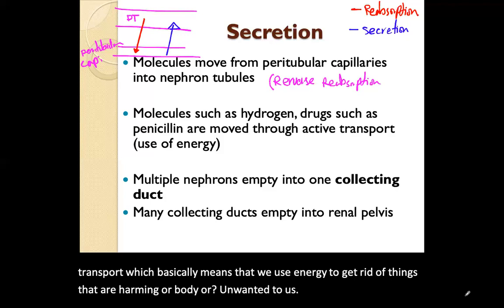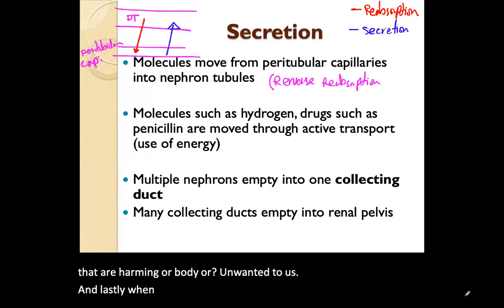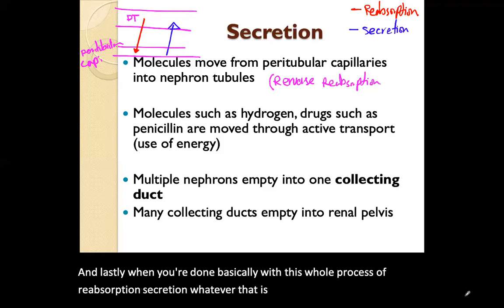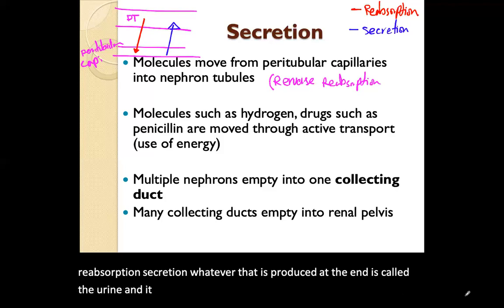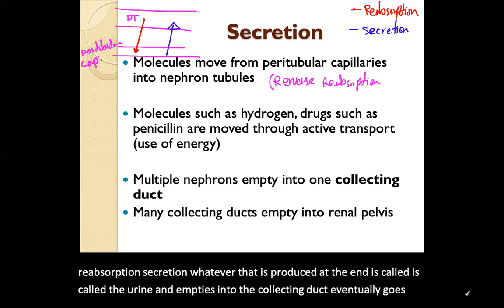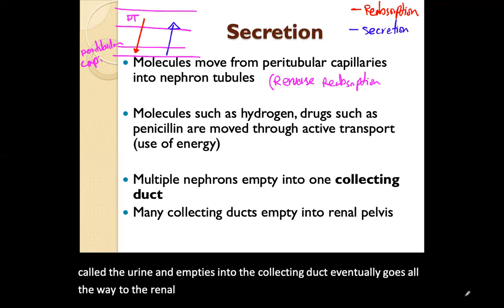And lastly, when we're done with this whole process of reabsorption and secretion, whatever is produced at the end is called the urine, and it empties into the collecting duct, eventually goes all the way to the renal pelvis, and by the end of the process reaches the urethra and out of our body.